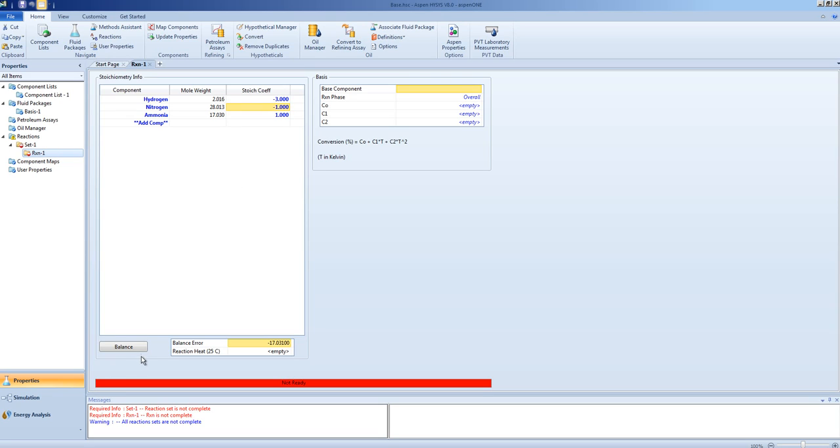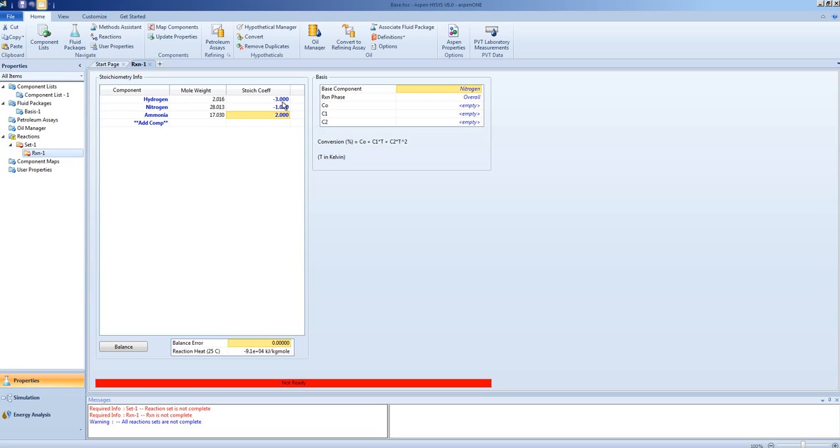HYSYS gives you the ability to balance a reaction where you can specify 2 of the stoichiometric coefficients and have HYSYS balance the third. If you were to do the stoichiometry by hand, you would know that N2 produces 2 molecules of ammonia.